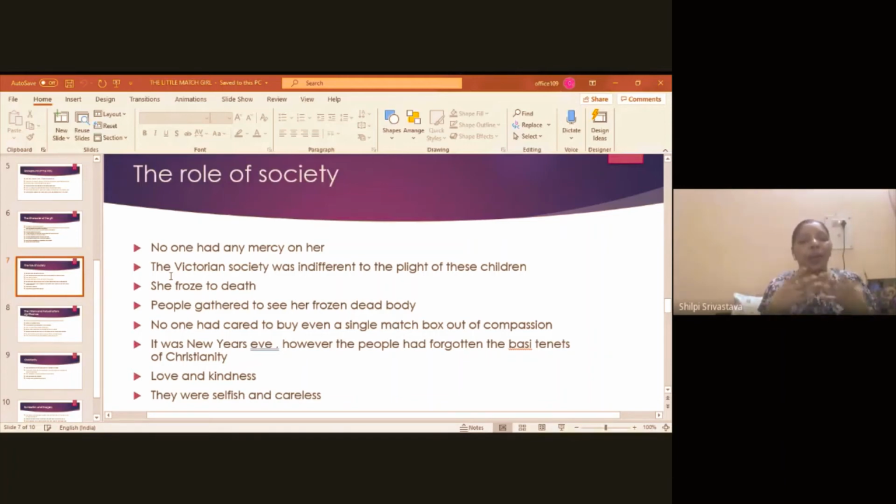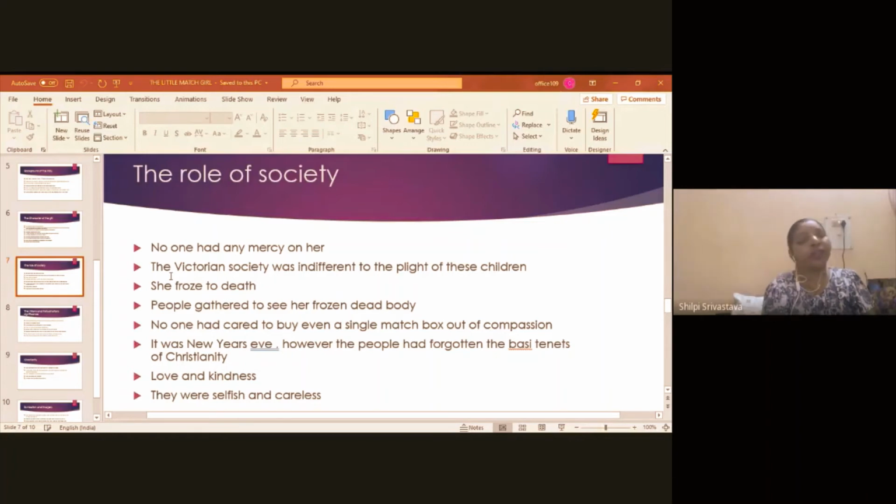And if you read Charles Dickens stories, you will see how children who were going to the orphanages were children born out of wedlock. They were illegitimate children. Nobody cared for them. So, all right, therefore, here also, the story is a very powerful reflection upon the society at that time.